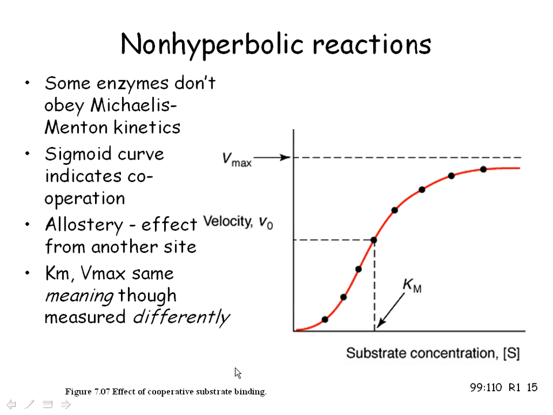Even though the math gets fancier, allosteric enzymes can still be said to have a Vmax, the maximum velocity at which it would go if it ever got fully saturated. And they can still be spoken of as having a Km, the concentration that half saturates it, and therefore a measure of affinity. Km is still pretty much a measure of affinity. Vmax is still a measure of turnover when completely occupied.